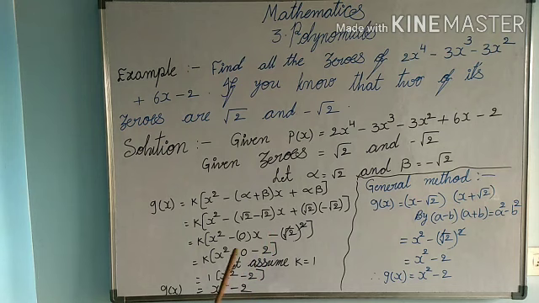Which polynomial degree is less, that polynomial we select as divisor. Here this polynomial degree is 4, that's why it is high. This polynomial degree is 2. So 4 is the highest value and 2 is a small value compared with 4. So p of x is dividend, g of x is divisor.